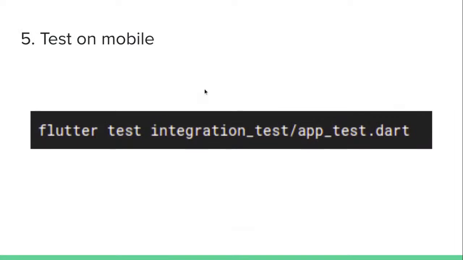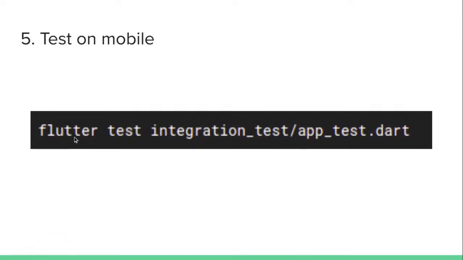Finally, you can run these integration tests on your mobile. It's very important to test it on a real device, because if you try to test it on an emulator or iOS simulator, it doesn't work. So how do you test it on a real mobile device?